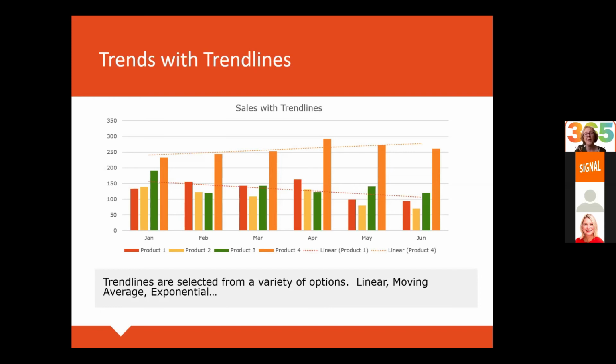For those people who are very mathematical, you can choose the type of trend line, whether you're taking into account seasonal averages, whether you just want a straight linear one or an exponential one. But it's just as simple as a right click and add a trend line onto your bar chart. Won't take you very long.